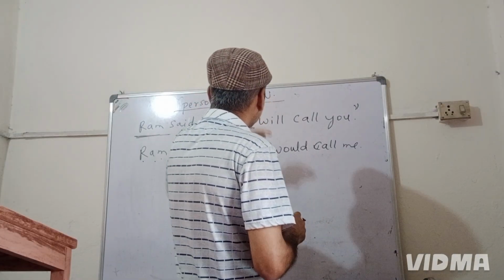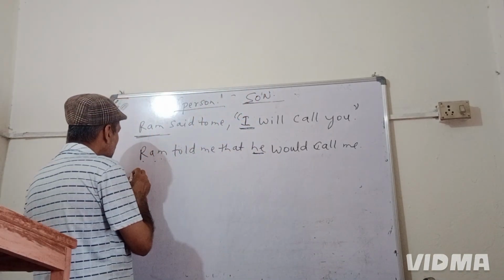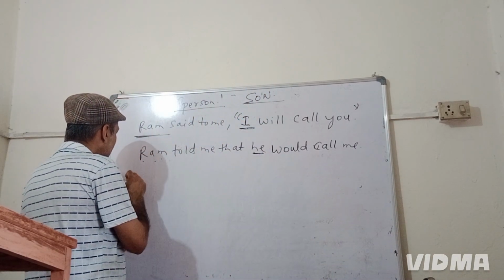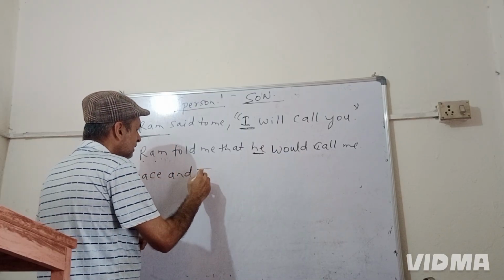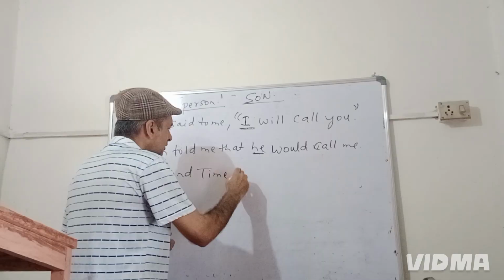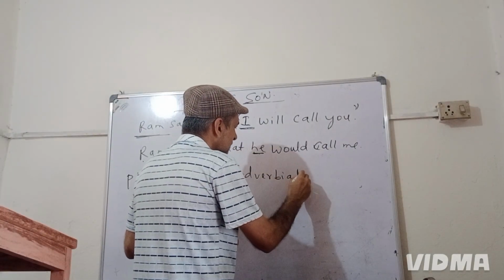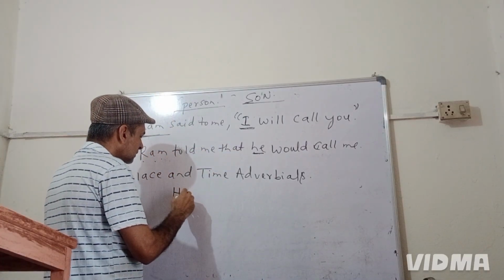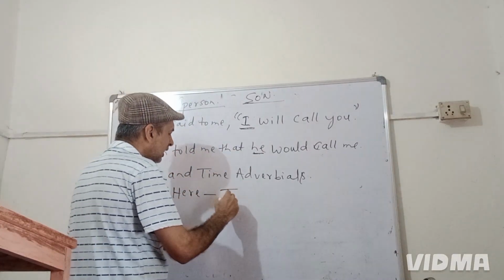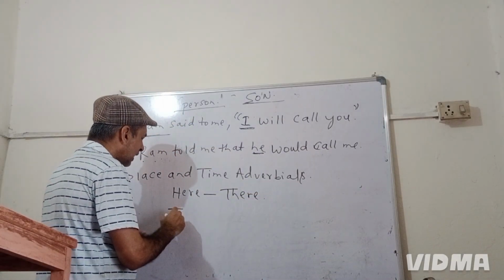And the third thing we have to change is place and time adverbials. Place means here. Here is changed into there. And time means like today. Today is changed into the same day.